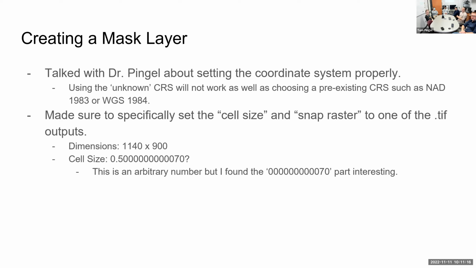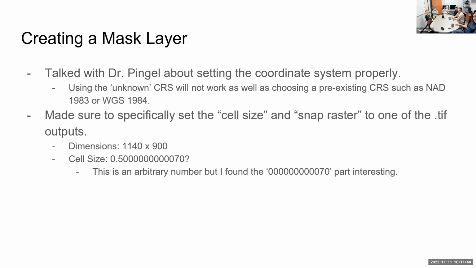I was defining the mask layer as having that same unknown coordinate system, but we decided it would be better to choose a pre-existing coordinate system, even if it's not the same as the TIFF layers, just to have one that stays consistent, because having an unknown coordinate system is going to cause issues when you export things and bring things back in.